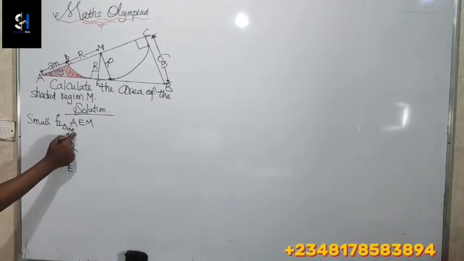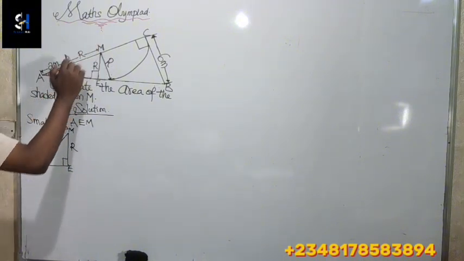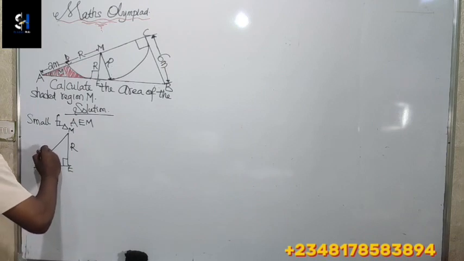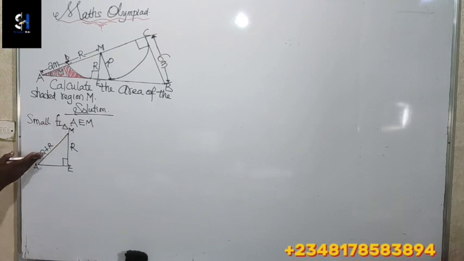So when we consider AD and DM, the length of side AM will be 2 plus R.